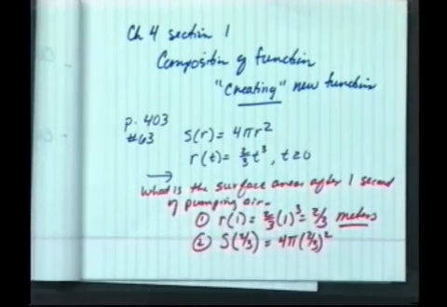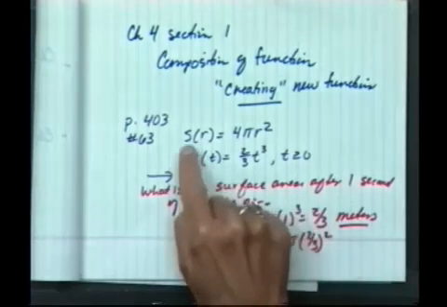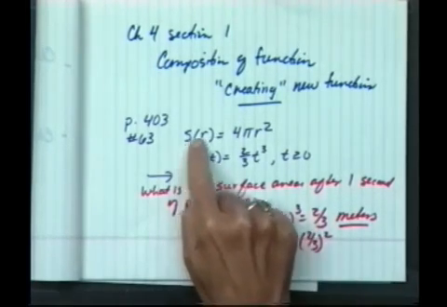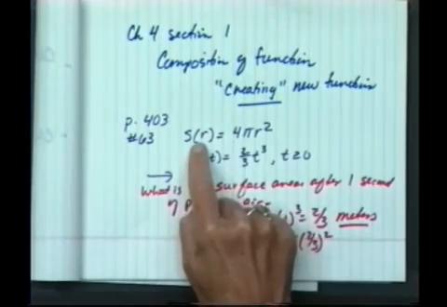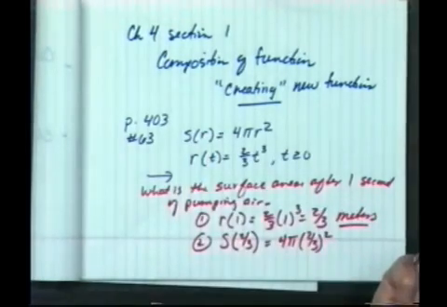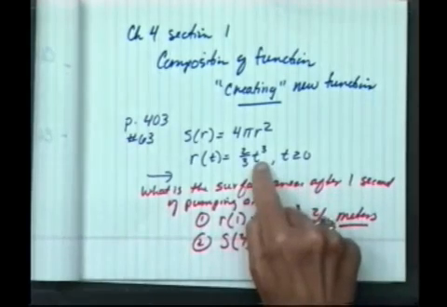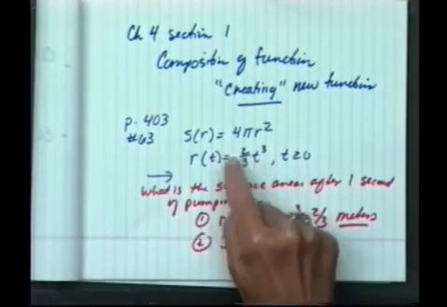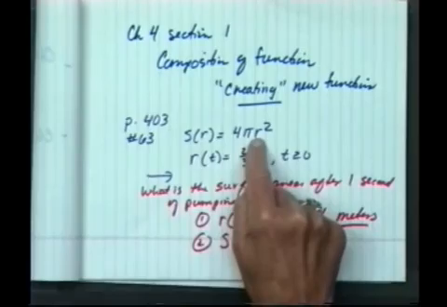All right. Now what this problem is doing in number 63 is saying, hey, why should you have to go through so many steps? Is there a way that I can redefine surface area in terms of the time that air, or helium, is pumped, as opposed to radius?